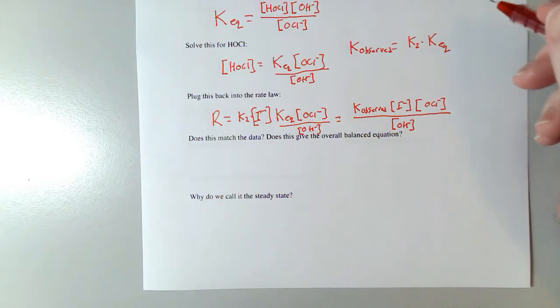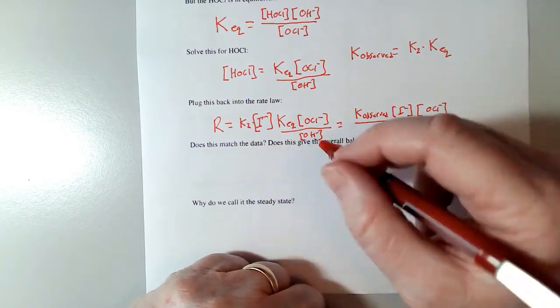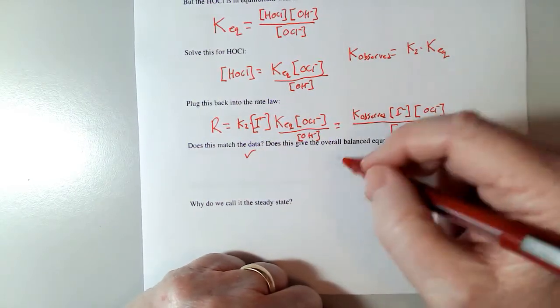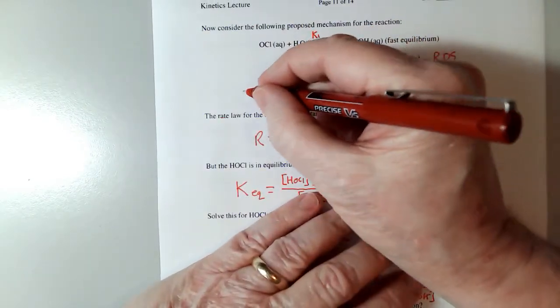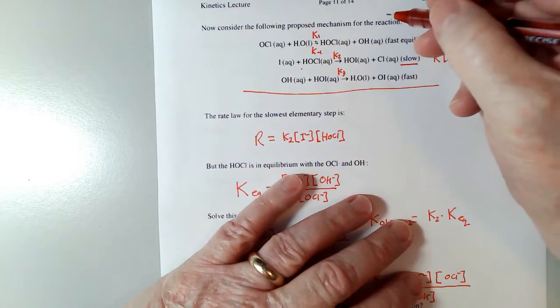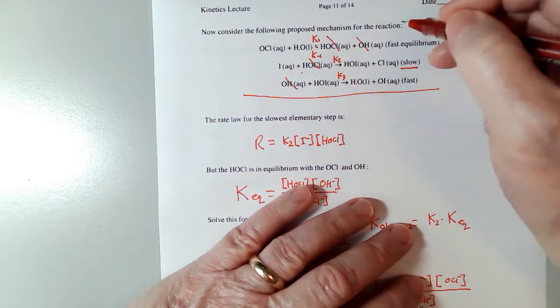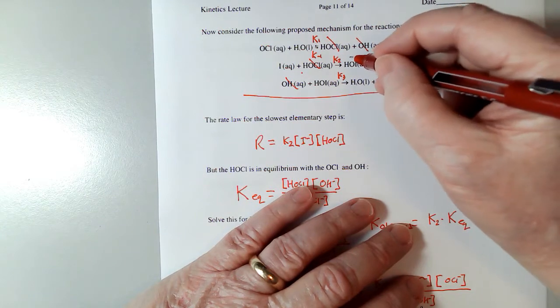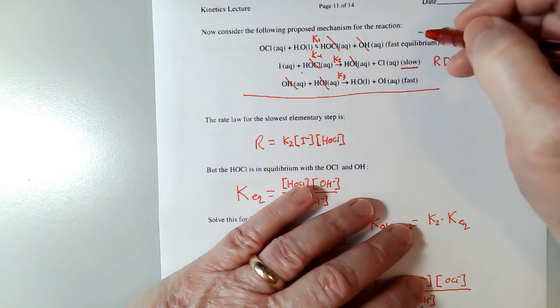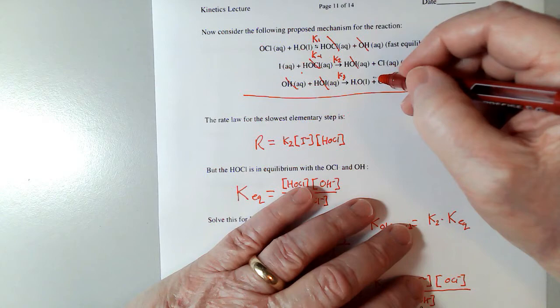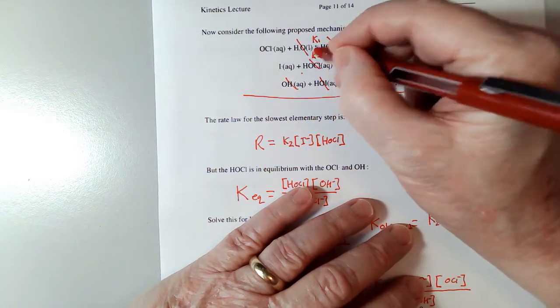Okay? So, does this match the data? Yes. Check. Does this give the overall balanced equation? I can check that out real fast. Let's see here. So, HOCl's cancel. OH minus cancels. HOI cancels. Okay. Then what else do I have? Oh, H2O's cancel.